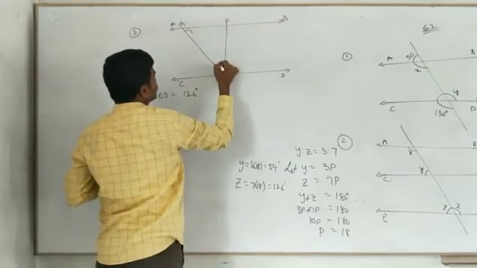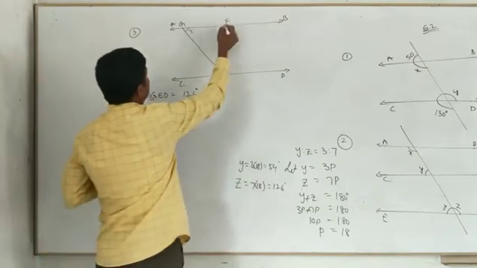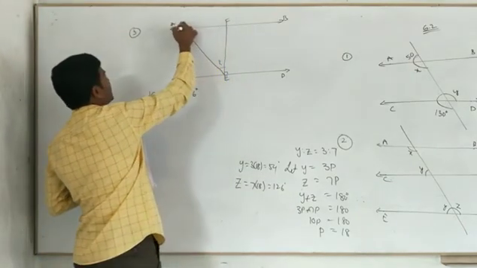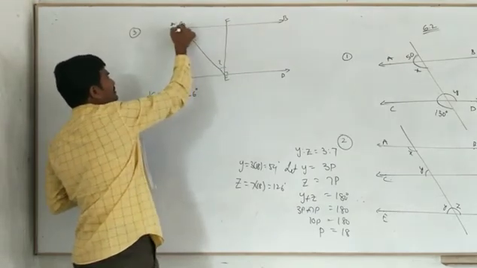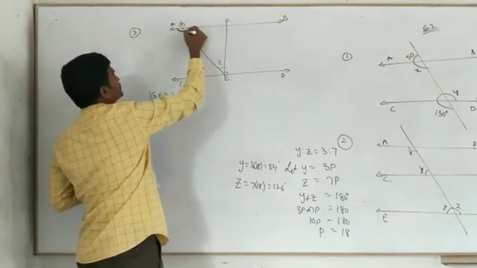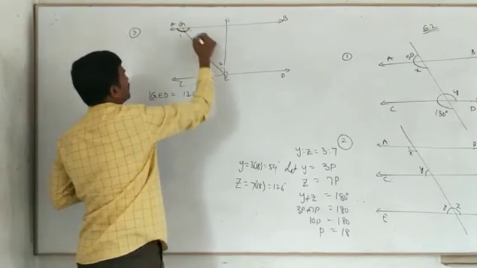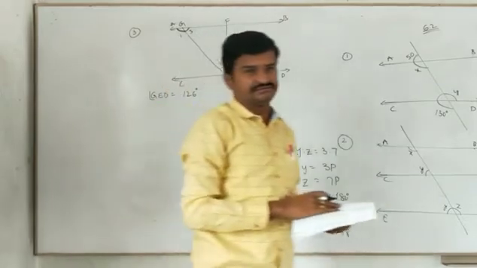This angle also he has to find. And another one, FGE. Sorry, AGE means this angle. FGE means this angle. So let us take this as first, this as second, this as third. These three values we have to find.